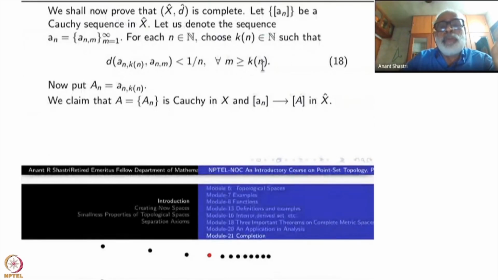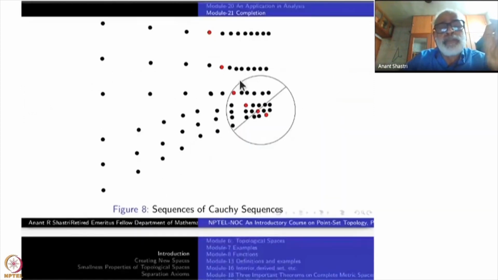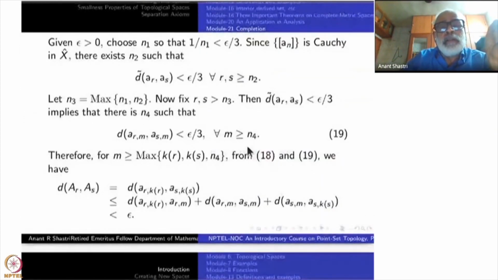For this one, M should be bigger than KN. I am applying it for N equal to R, so it must be bigger than KR. Applying it for N equal to S, it should be bigger than KS. So I am taking it bigger than KR, KS, as well as N4. So both 18 and 19 are available to me.